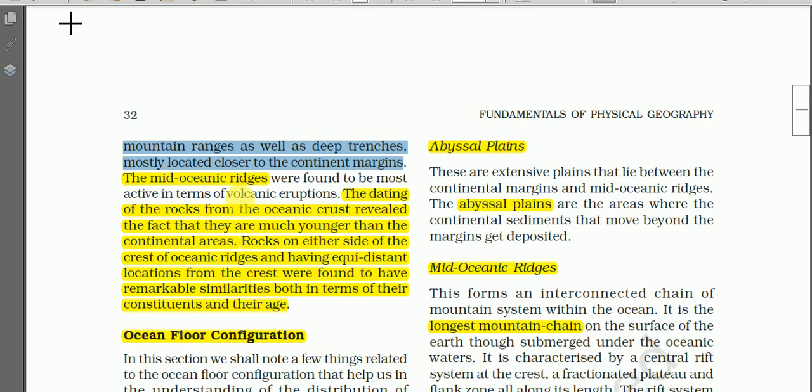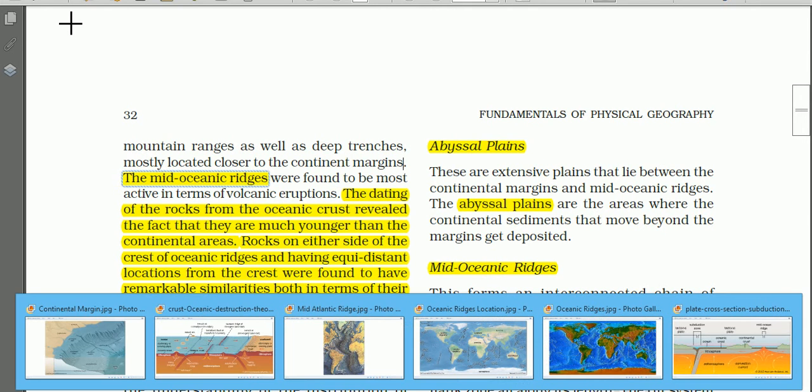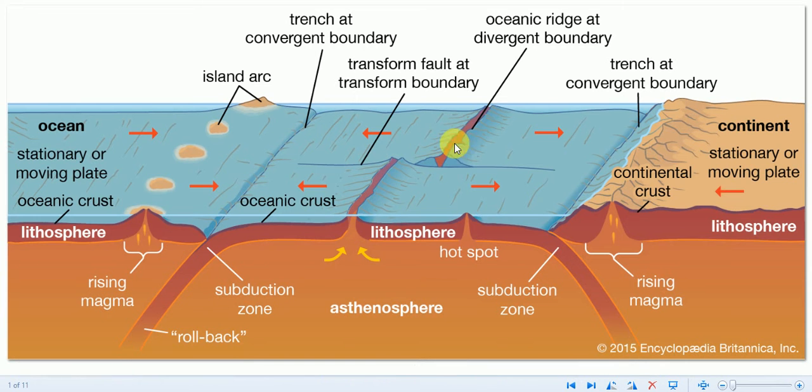Mid-oceanic regions were found to be most active in terms of volcanic eruptions. These are very long mountain ranges found below the ocean, as we have learned earlier. See here, this is the mid-oceanic ridge, and a series of active volcanoes are found here.